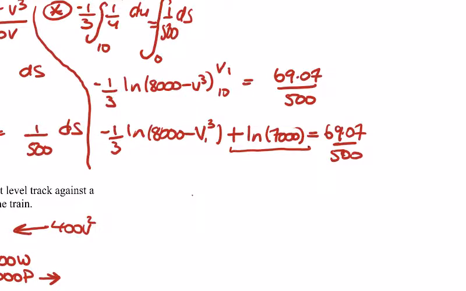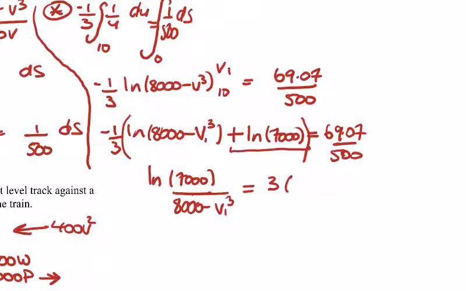It's the first one over the second one, the natural log, or we could multiply by 3 and change the signs. Get your brackets right: multiplying by 3 and changing the signs, we have the natural log of 7,000 over 8,000 minus V1 cubed, which is equal to 3 times 69.07 over 500.